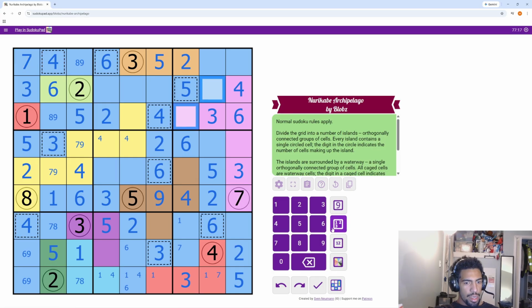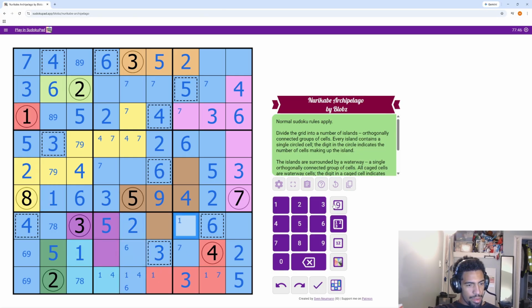But I see that 7 is in one of the 2 spots in box 3. 7's in there. 7's in here. One was looking good. No, why did I stop? Dang it. Oh shoot, you're right.